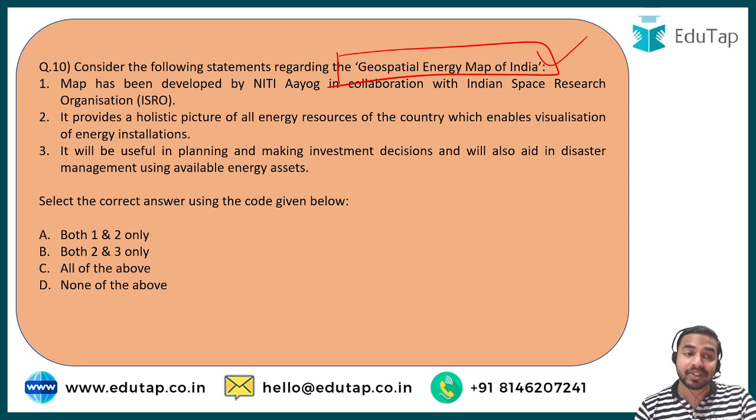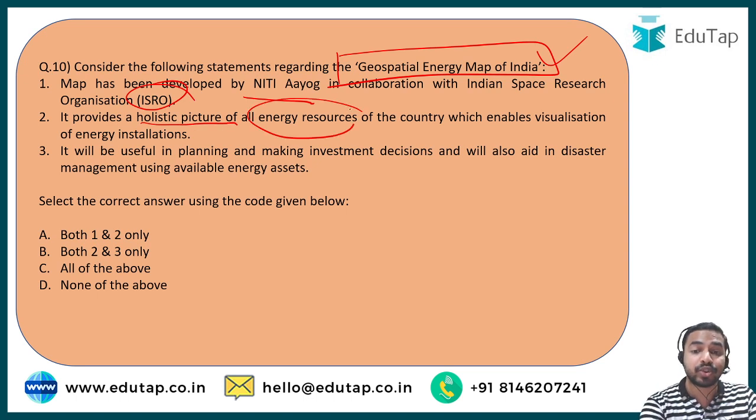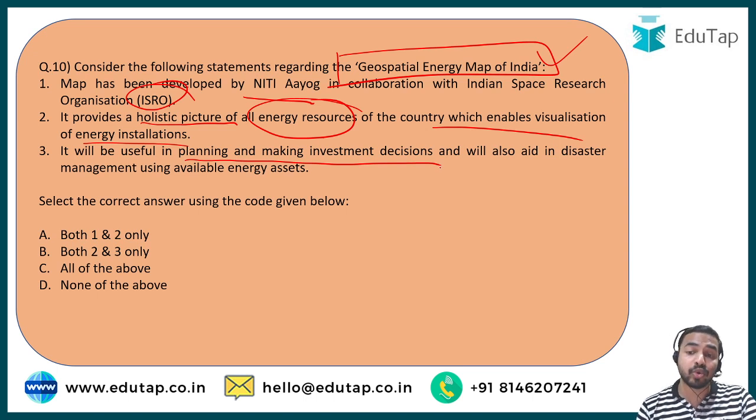The statements say that this map has been developed by Niti Aayog in collaboration with ISRO, and the aim was to provide a holistic picture of all the energy resources of the country, which enables visualization of the energy installations. Statement number 3 says that it will be helpful in planning and making investment decisions, and it is also going to help in disaster management using available energy assets.